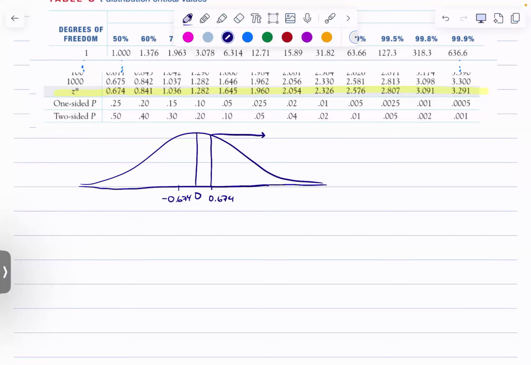So I draw that like this, 0.25. And if you're interested in both the tails, well, the second tail is also 0.25, or a total of 0.5.